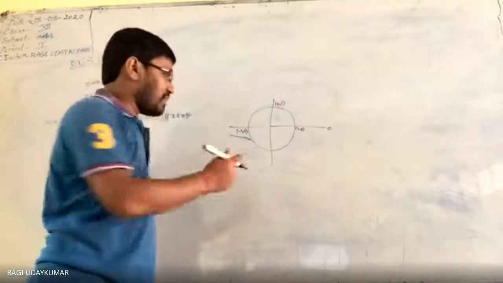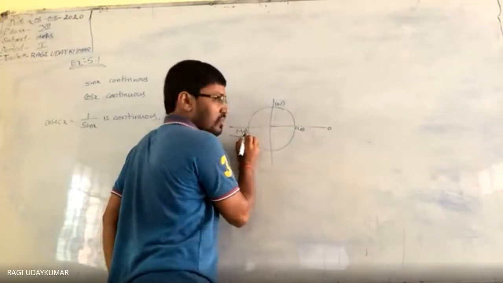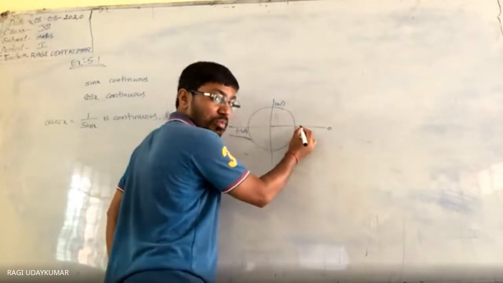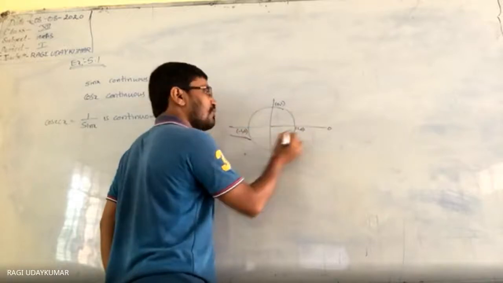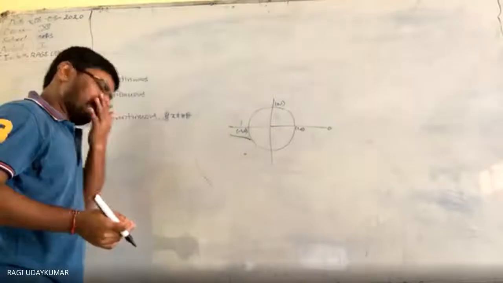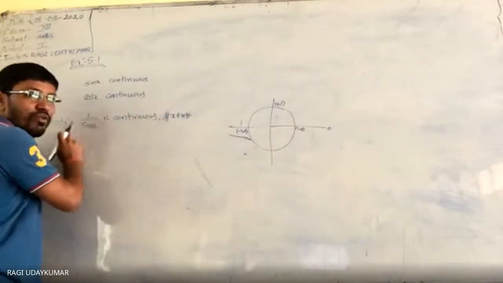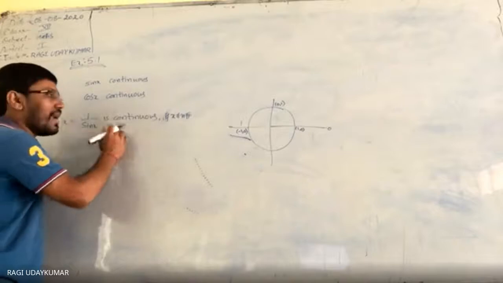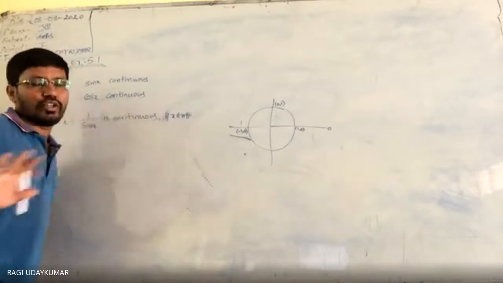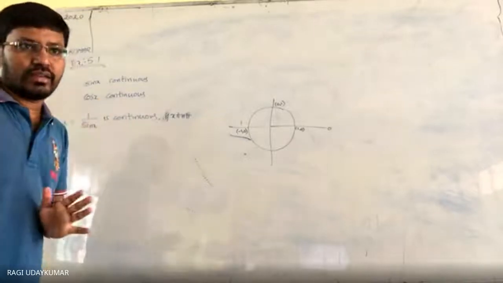So sin 0 is 0, sin pi is 0, sin 2 pi, 3 pi, 4 pi, 5 pi, 6 pi, 7 pi, n pi are all 0. So sin n pi is 0. At the places where sin x becomes 0, cosec x is not continuous. Except those places, it is continuous.